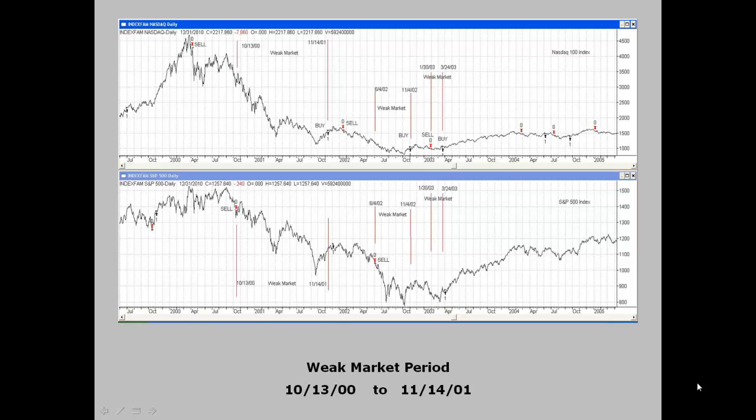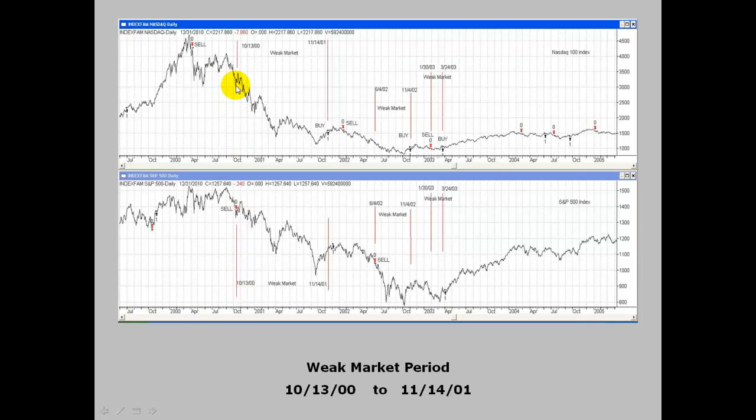Let's look at the signals and see how well they identified the weak market periods. The significant weak market period occurred in 2000 to 2001. In this upper panel, we see a sell signal developing here, followed by a sell signal in the lower panel here, identifying the beginning of a weak market on October 13th of 2000.